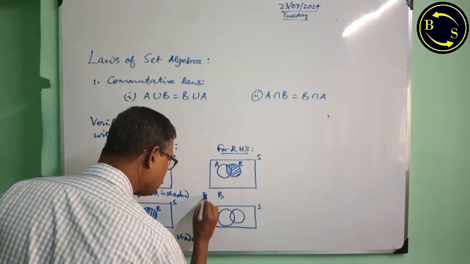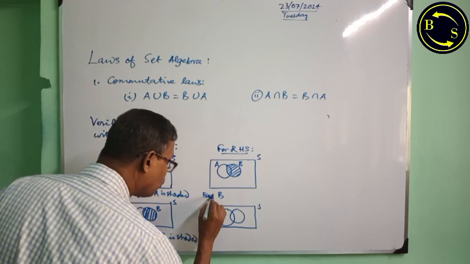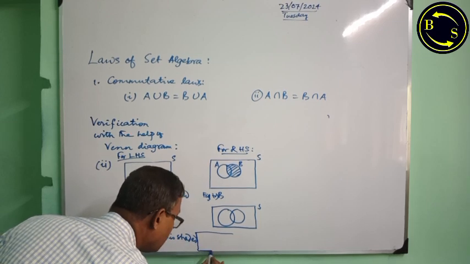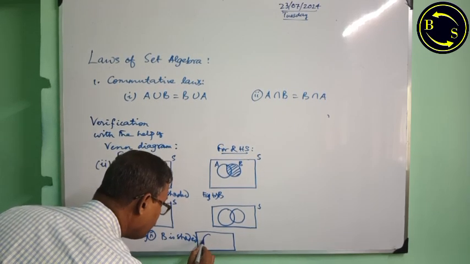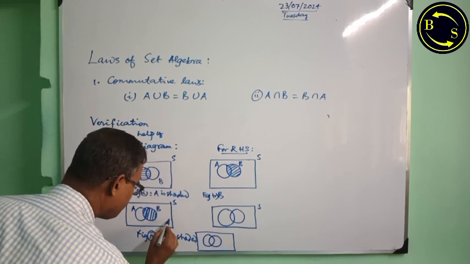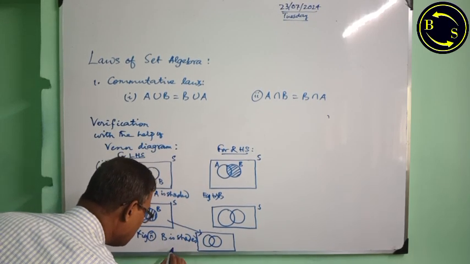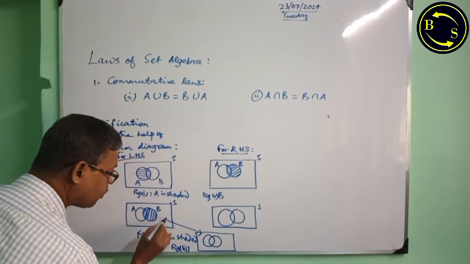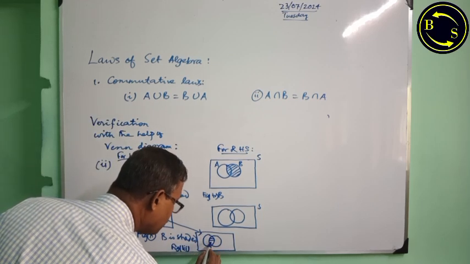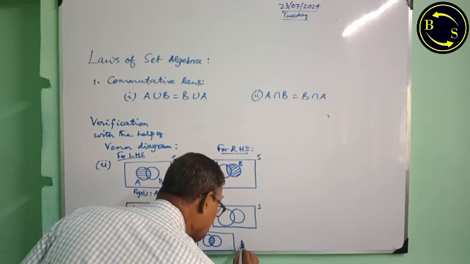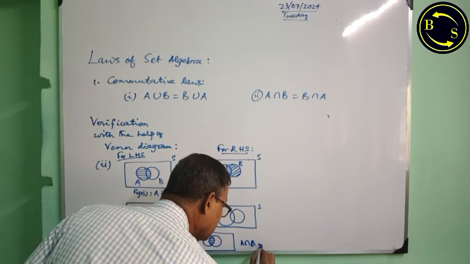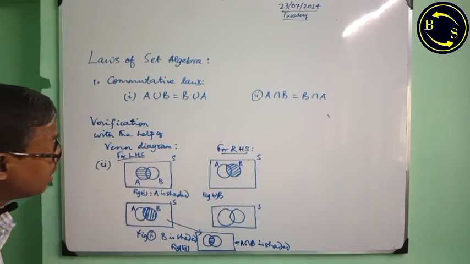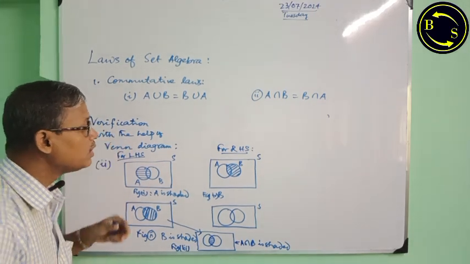I call it figure 4. This is figure 3. Actually, from this, the common region A intersection B is shaded for this figure. Now, for the right part, already I have marked B set.